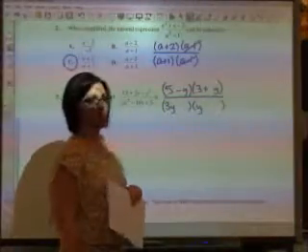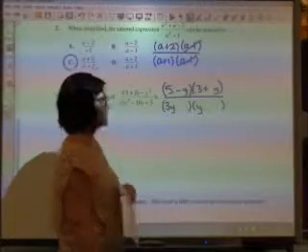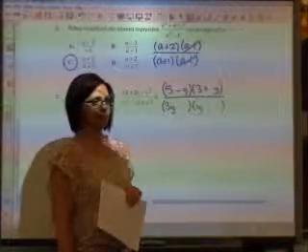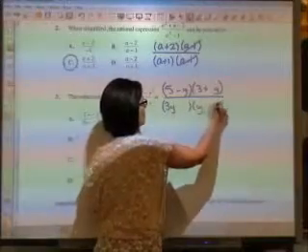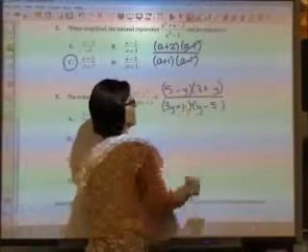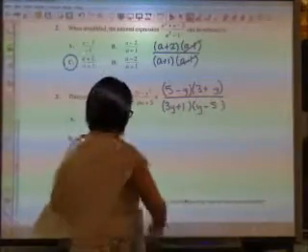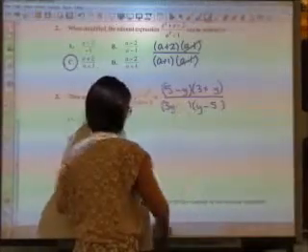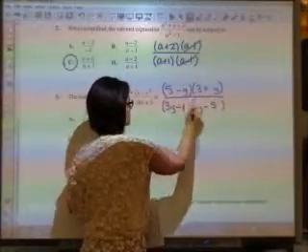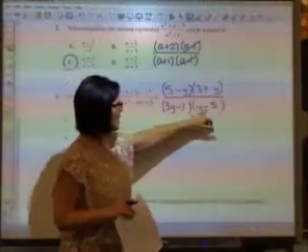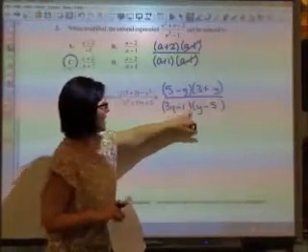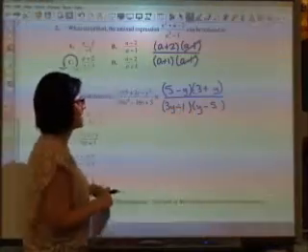So which one would be 5? Because then I would get, oh, that should be 3y minus 1 too. Because then I'll get a positive 5y, and there's my -1 and my -15.